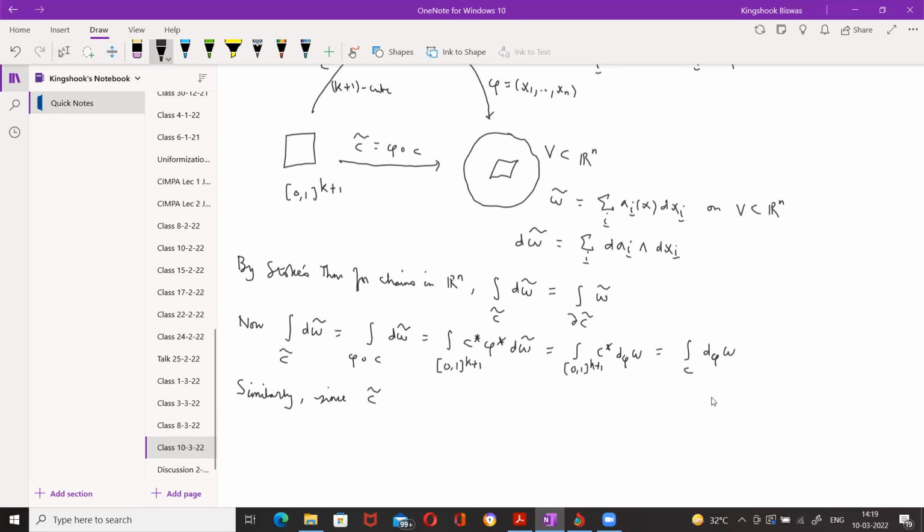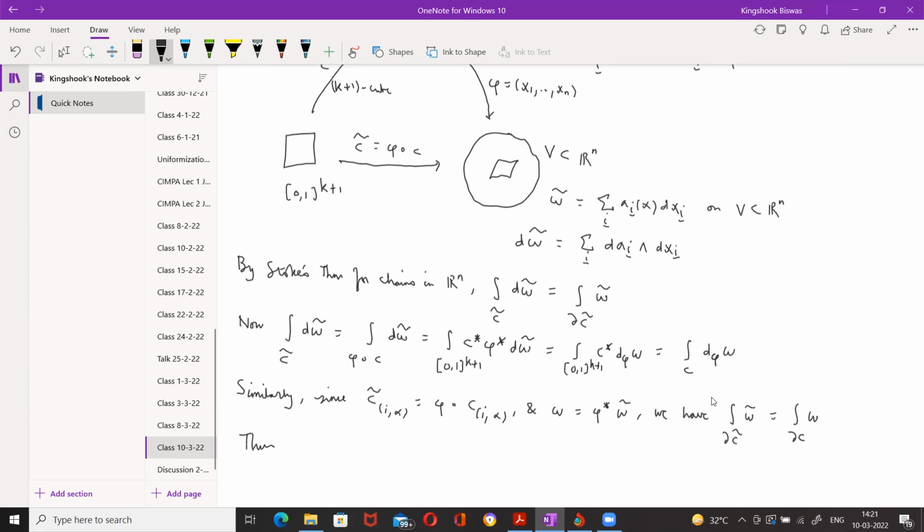So since the (i, alpha) face of C tilde is equal to phi composed with the (i, alpha) face of C, and omega is equal to phi star omega tilde, similarly we have that the integral of omega tilde over the boundary of C tilde will be equal to the integral of omega over the boundary of C. Is this clear? Okay.